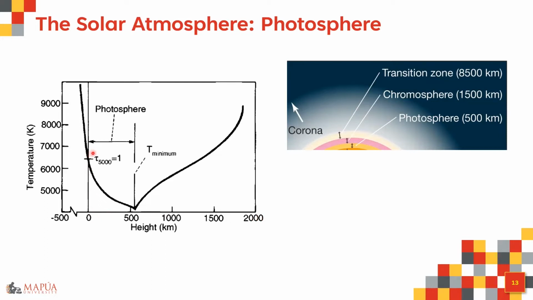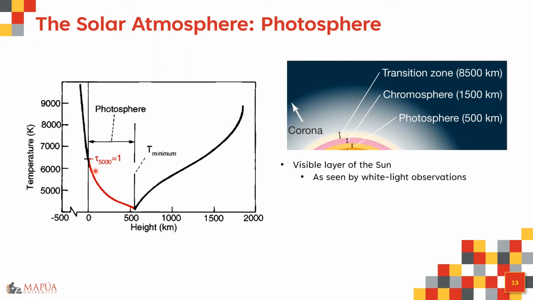And we define the surface of the sun as the region where the optical depth at 5,000 angstrom would be equal to 1. And it is described by a decrease in temperature.